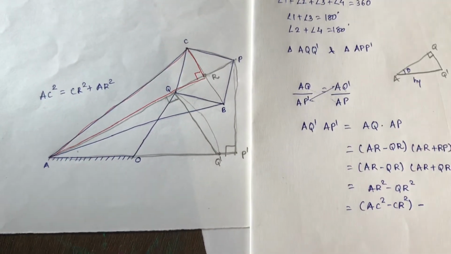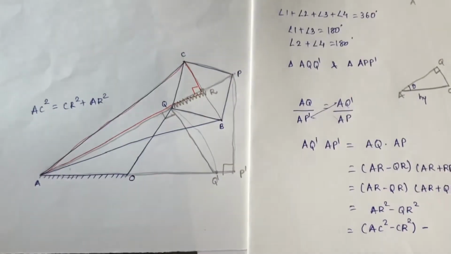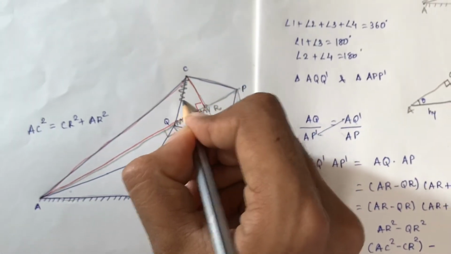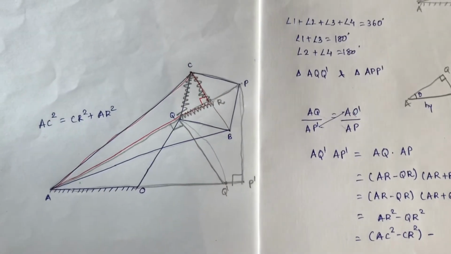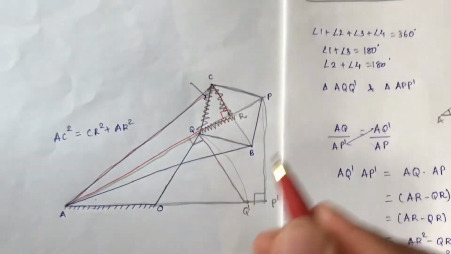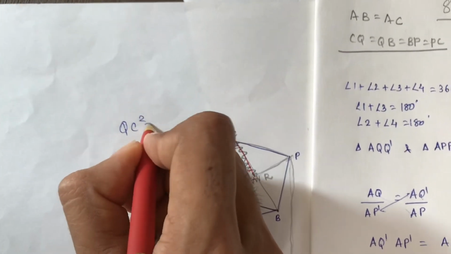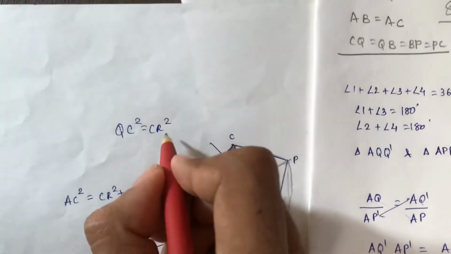What do you mean by QR? QR is this one. So again I can consider QR as a side of this right angle triangle. In this right angle triangle I can write Pythagoras theorem: QC square equals CR square plus QR square.